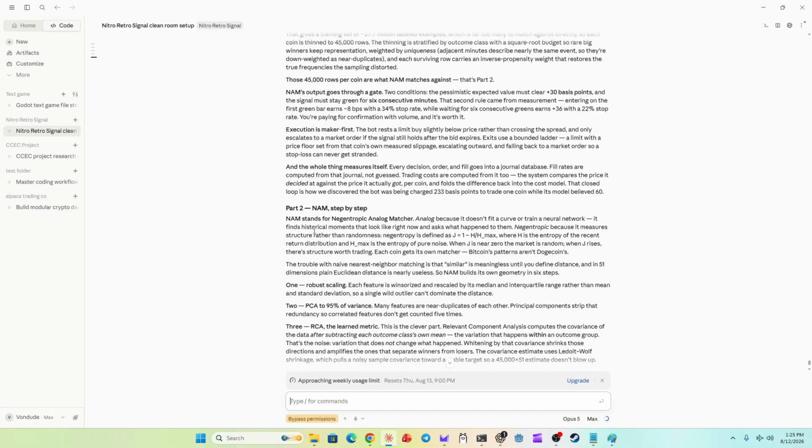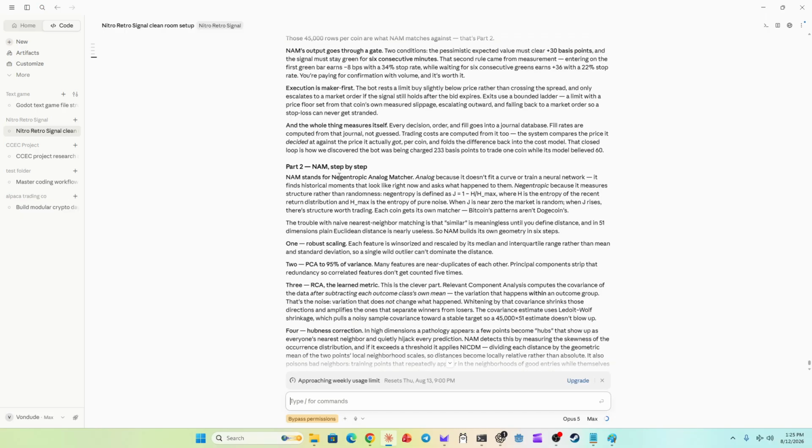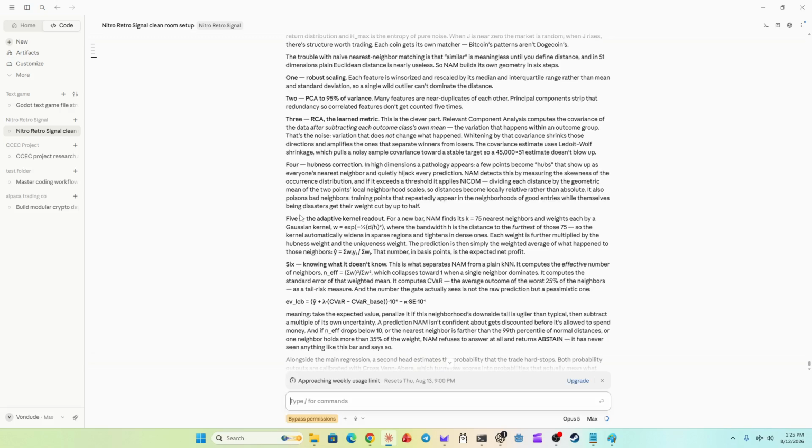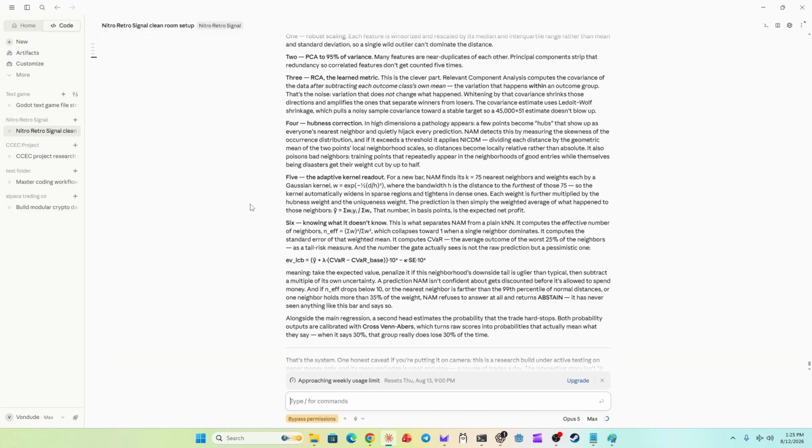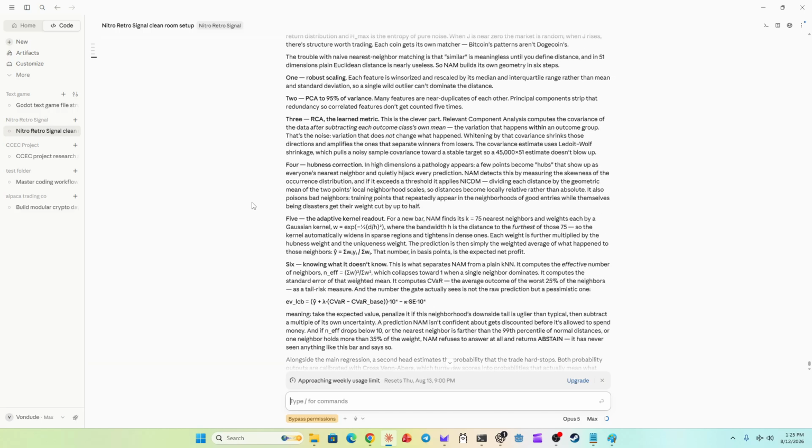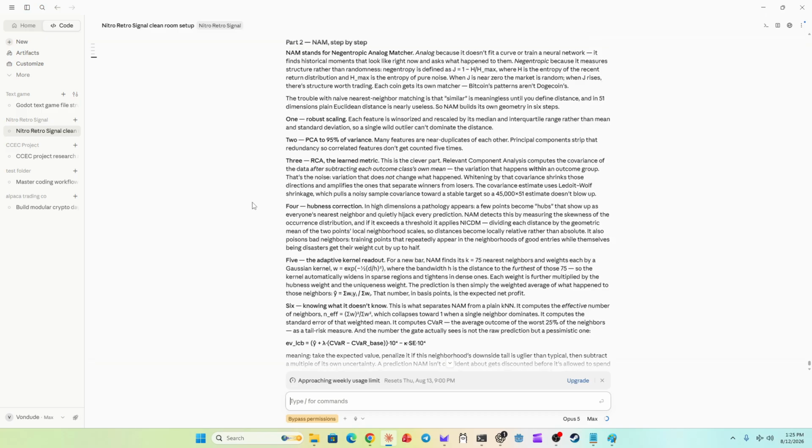But this is what NOM is. So the brain, right? If you're interested in that, it's called the Negentropic Analog Matcher, and it just goes through. I say that this is probably one of the most dynamic matchers that has ever existed. I'm highly confident in it. It really is like a six-piece matcher. So it's not just one algorithm. I know a lot of people out there are just like, oh, this is the Markov 2.0.